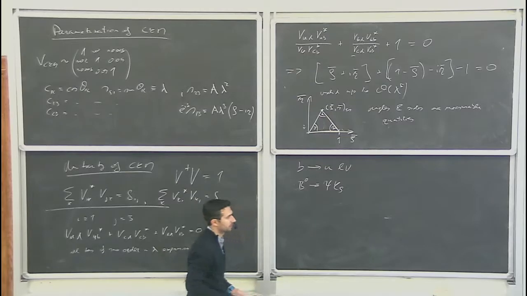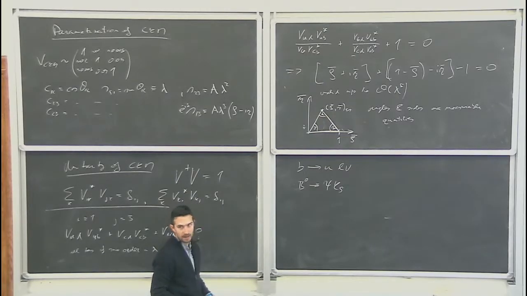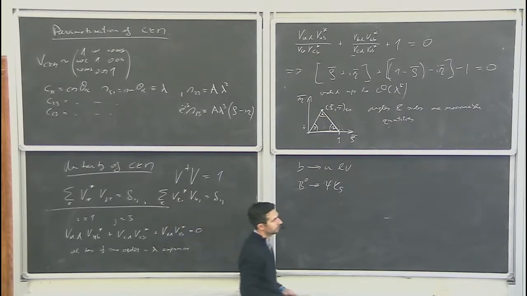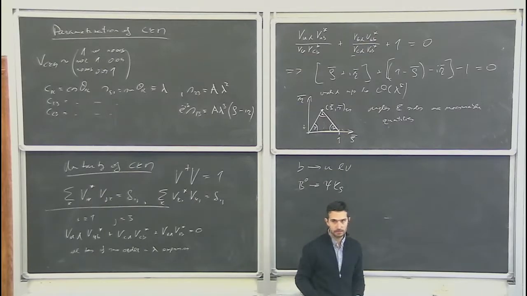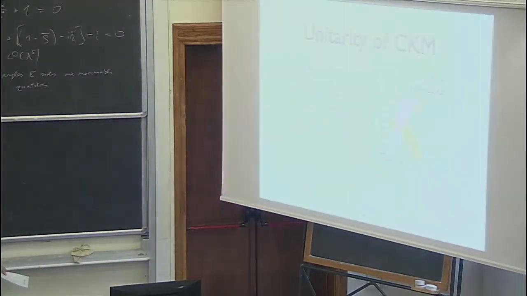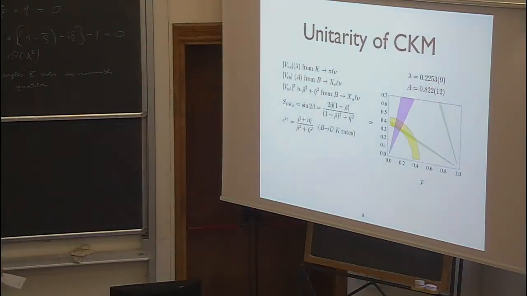The next constraint comes from a measurement of the gamma angle. We'll also derive how we can measure gamma a bit later, but let's just say that the CP violating phase gamma you can express easily in terms of, again, rho bar and eta bar, and it has this form.